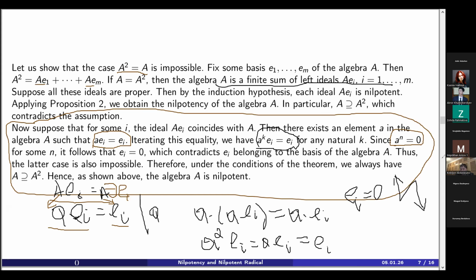This is a contradiction, because EI is a basis element of A. So we always have A square subset of A. Hence, as shown above, the algebra A is nilpotent. Okay, the proof of the theorem. Proved theorem.